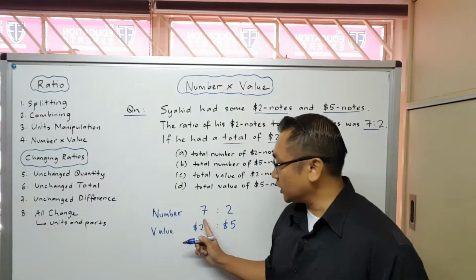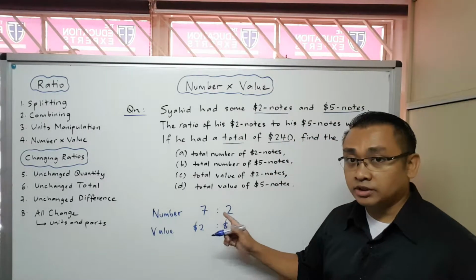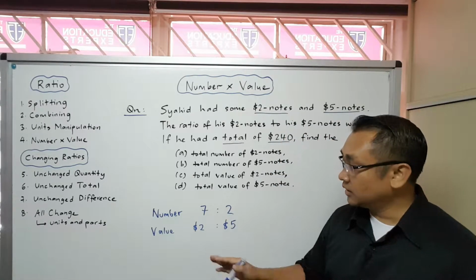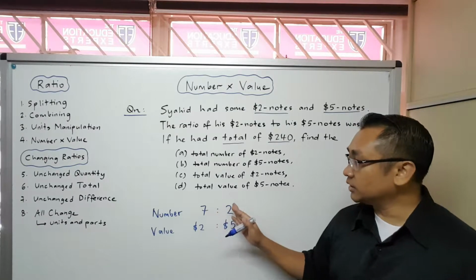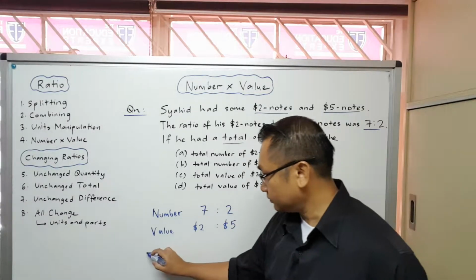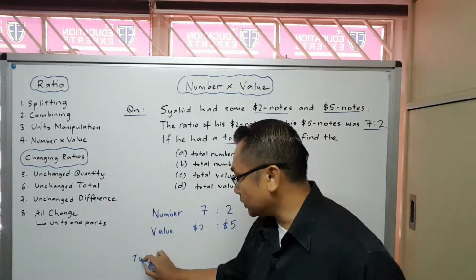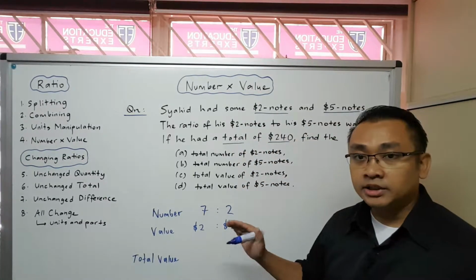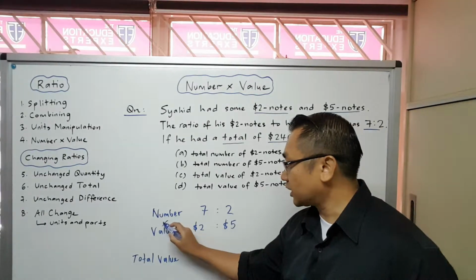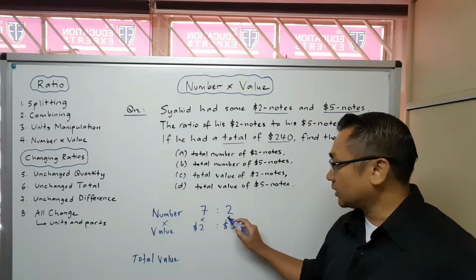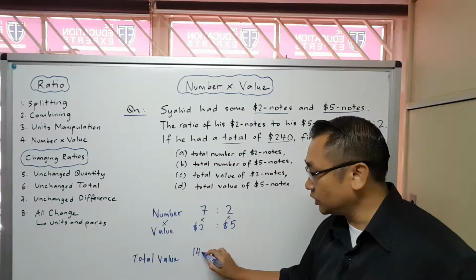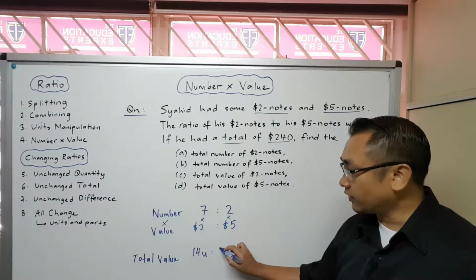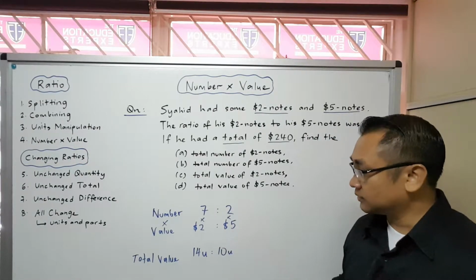Please take note that this is the ratio, not the actual number of notes. They are units, 7 units and 2 units. So how do we find the total value? The total value will be number times value. So 7 times 2 is 14 units, and 2 times 5 is 10 units.